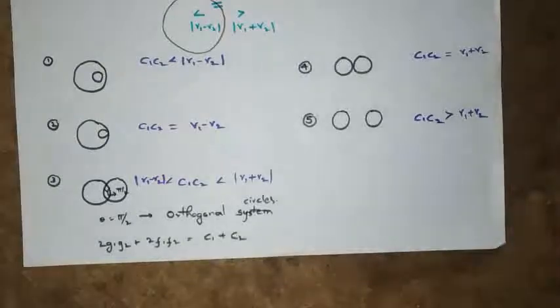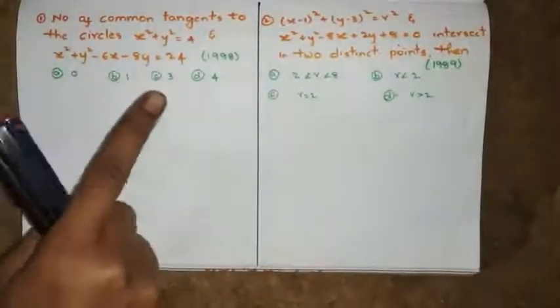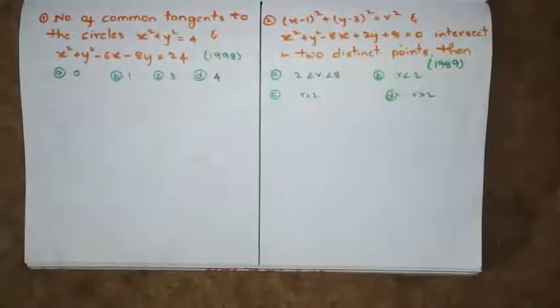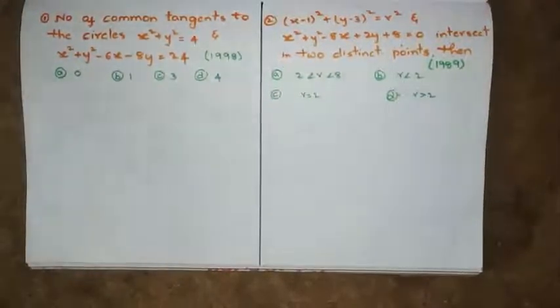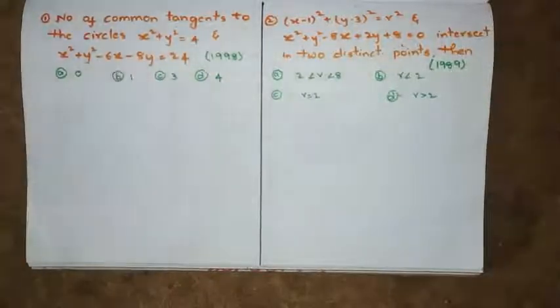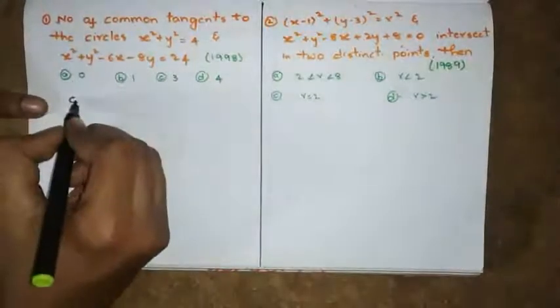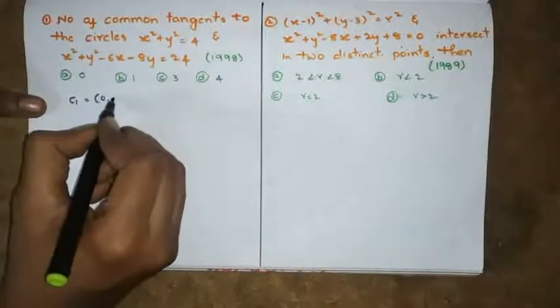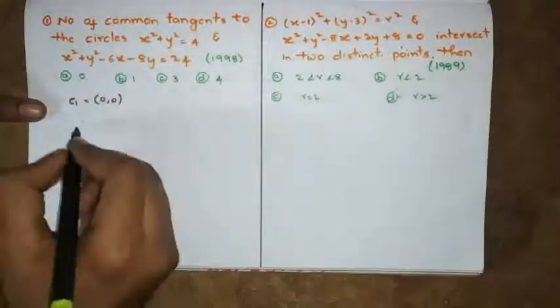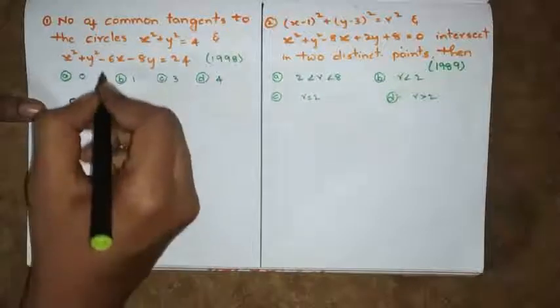Let's move to the questions. The first question is a 1998 IIT question. Okay, let's solve this. See, the question is the number of common tangents to this circle and this circle. First we need to know what the condition is. C1 is (0, 0). Okay, and the second one C2 is (3, 4).